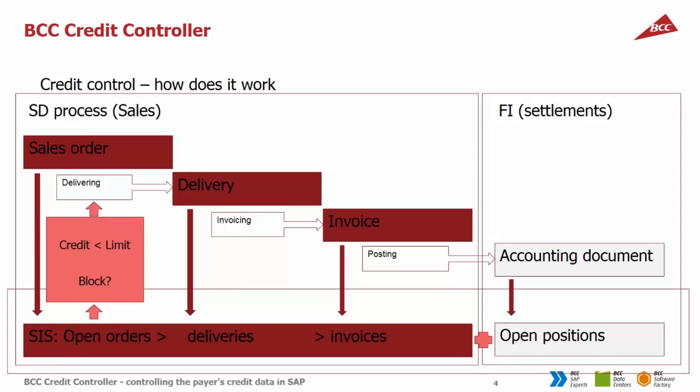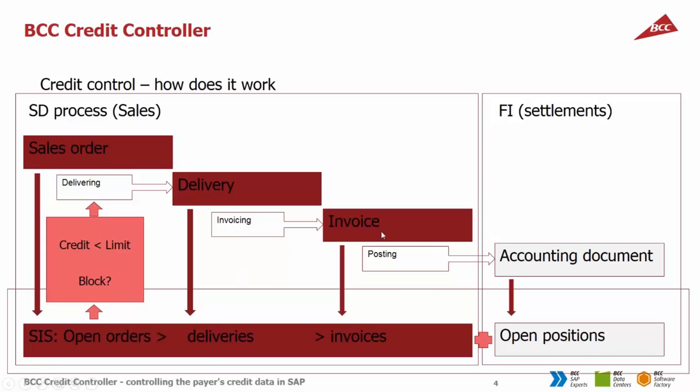At a later stage, when we create a delivery, the structure of the sales information system will include information about the value of the deliveries, which are on their way to the customer. At this point, the statistical value of open orders is diminished, and in a nutshell, the creation of a delivery reduces the statistical value of open orders and increases the value of open deliveries.